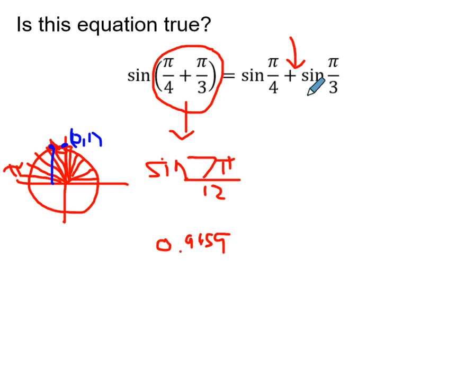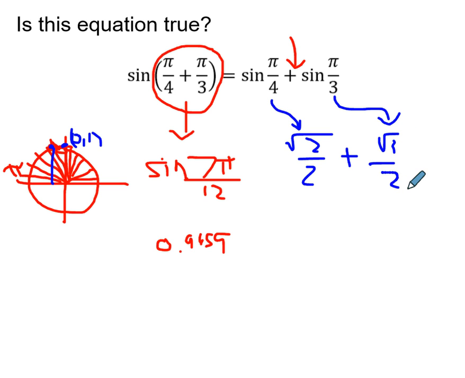If we calculate sine of pi over 4, this is square root of 2 over 2, plus sine of pi over 3, it's square root of 3 over 2. So remember that if you have square root of 2 times square root of 3, we get square root of 6.